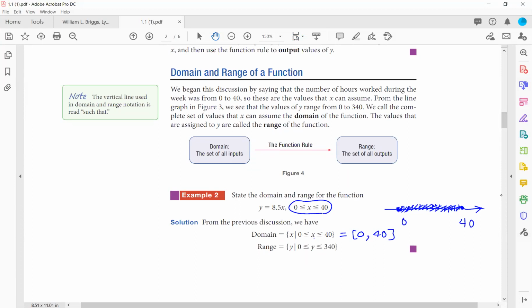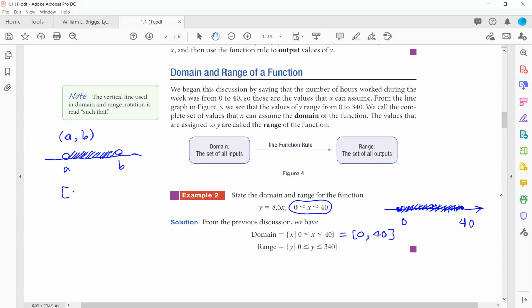So remember that in general, if you have an open interval, a and b, you can graph it this way. Open circles, since a and b, the endpoints, are not included, we use open circles.